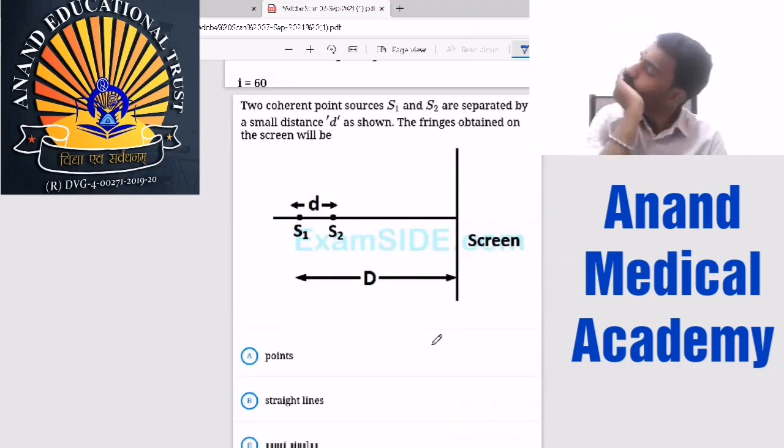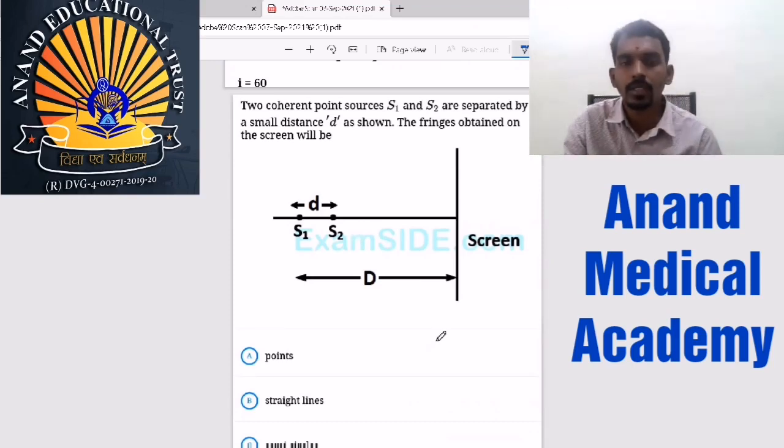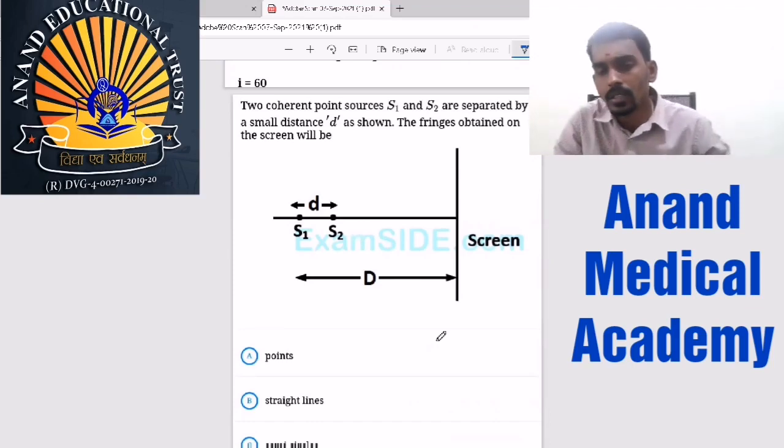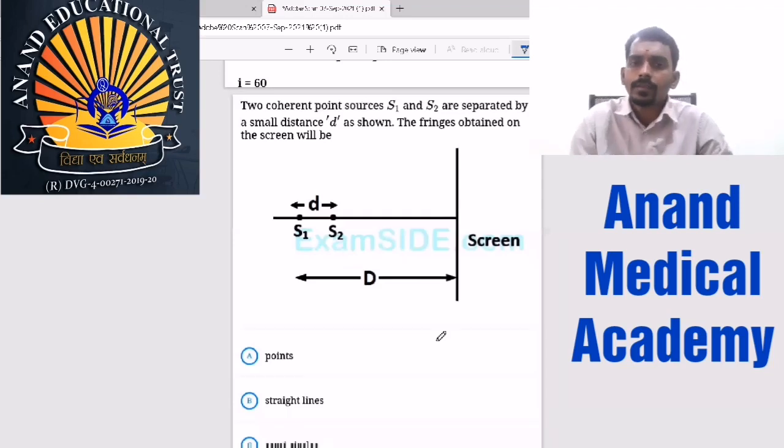Now, based on Young's double slit experiment, a direct question is usually asked; very rarely they will change something, like using white light instead of monochromatic light, or changing the position of S1 or S2 slightly.